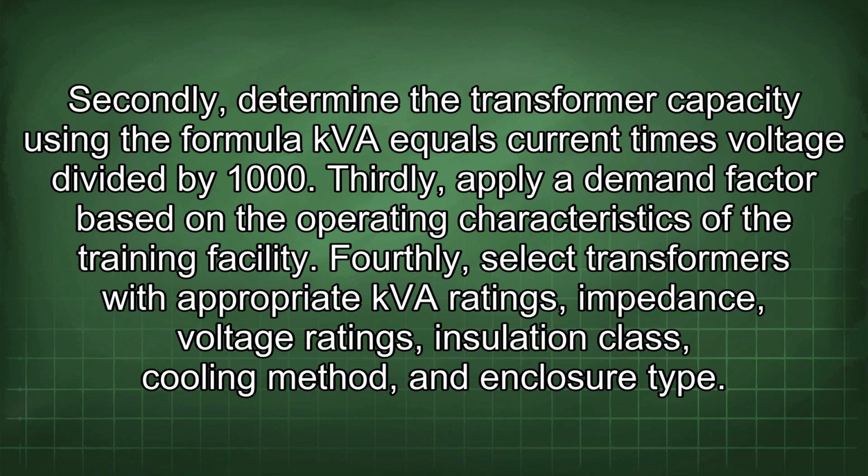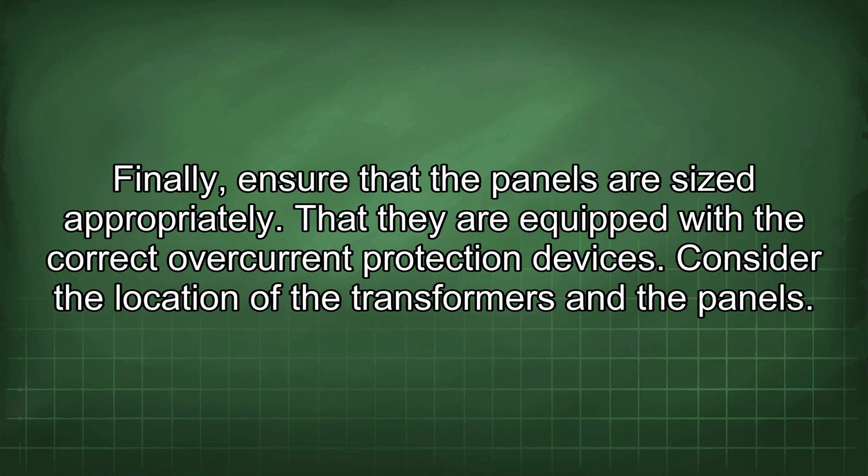Thirdly, apply a demand factor based on the operating characteristics of the training facility. Fourthly, select transformers with appropriate kVA ratings, impedance voltage ratings, insulation class, cooling method, and enclosure type. Finally, ensure that the panels are sized appropriately and that they are equipped with the correct overcurrent protection devices.